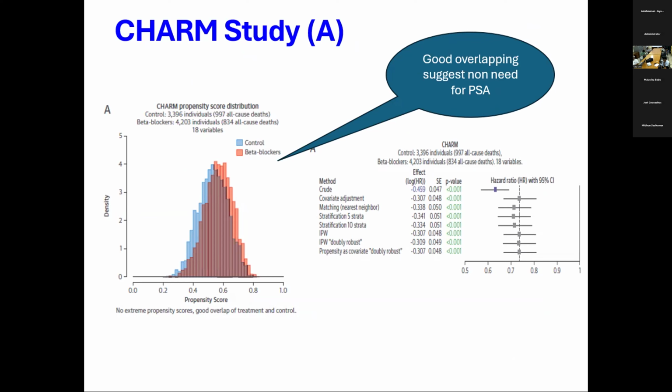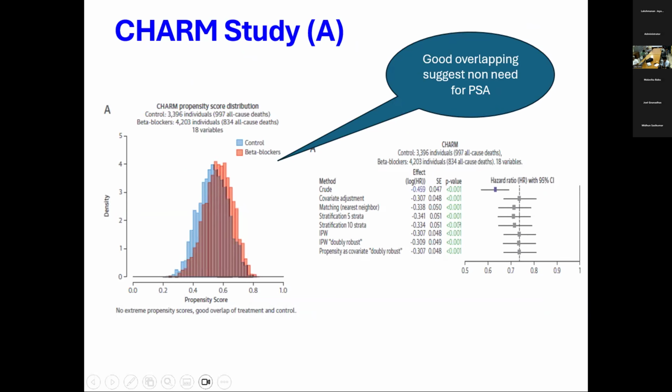Now, it raises the question of what I have said earlier: when there is a good overlap, there should not be a need for propensity score analysis. Let me call it PSA.